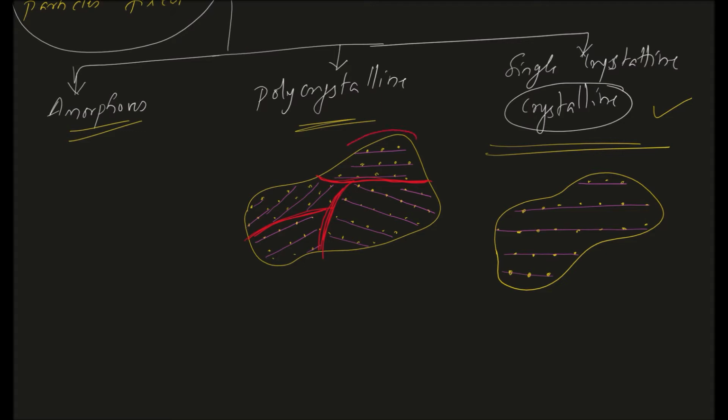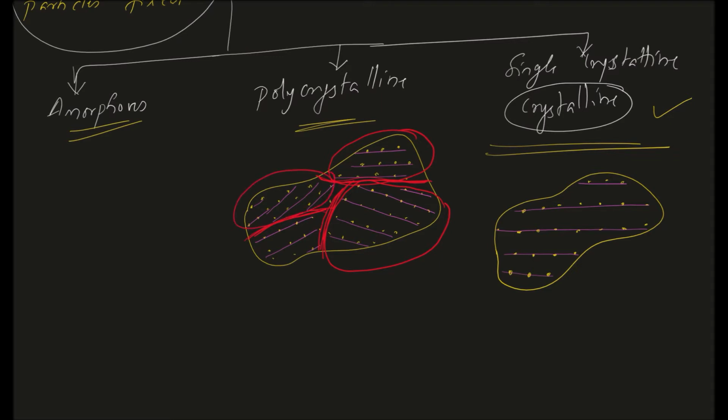So within this grain you can see that there is one particular kind of repetition or arrangement of the particles, and within another grain there is still a periodicity or perfect ordered arrangement, but this ordering is different from the other grains.